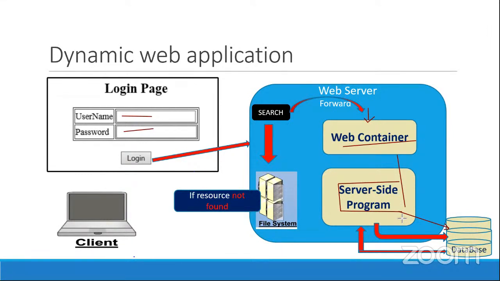Depending on the request sent by a client, it gets processed, and it may need to communicate with the server to perform a specific logic. If it needs to access data from the database, it communicates with the database, gets the data, and that response is sent back to the client. So this is the dynamic web application interaction. Hope it's clear.